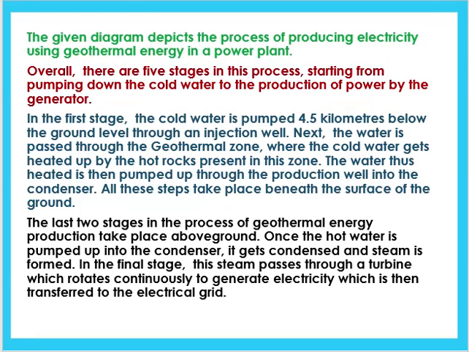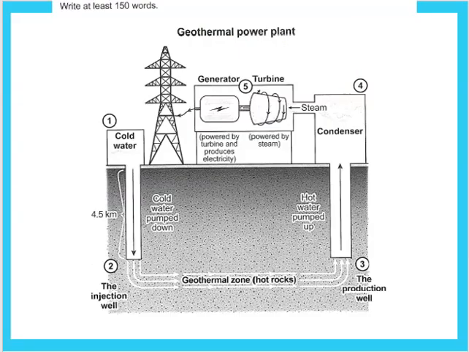Okay, so in the final stage, this steam passes through a turbine which rotates continuously to generate electricity, which is then transferred to the electric grid. So this is how to describe it, and via a generator the turbine is rotating and the generator is producing the electricity and then it is transferred to the electrical grid.